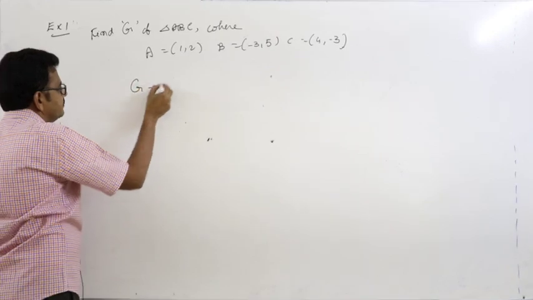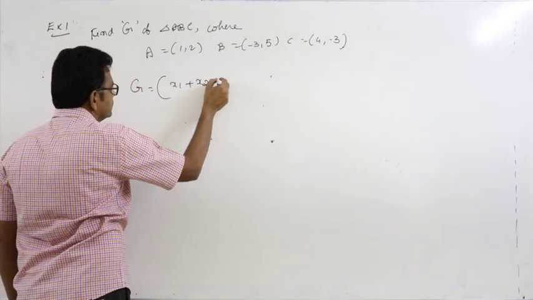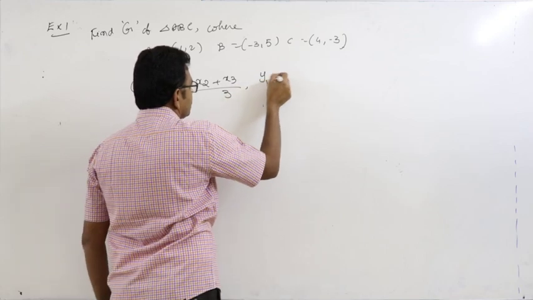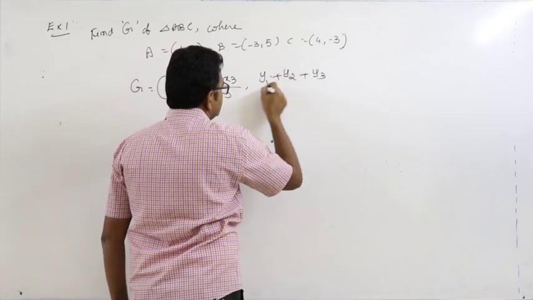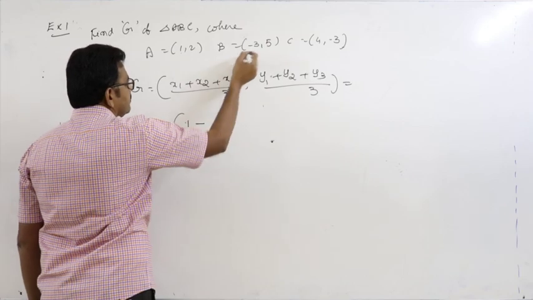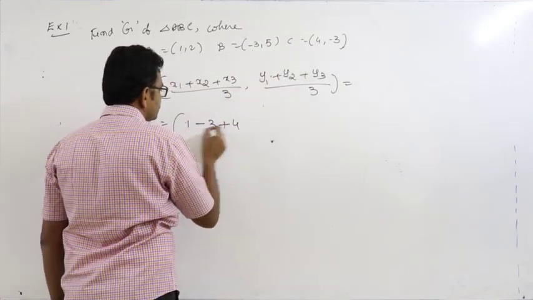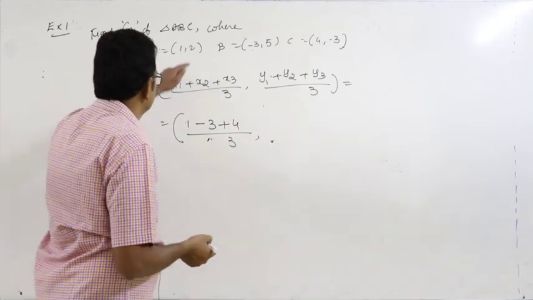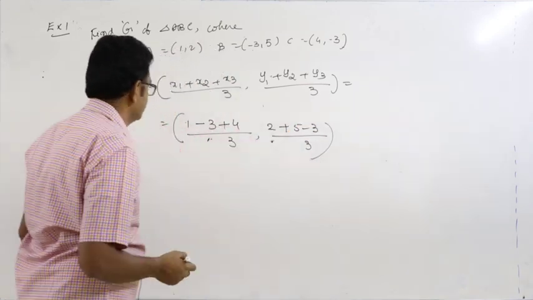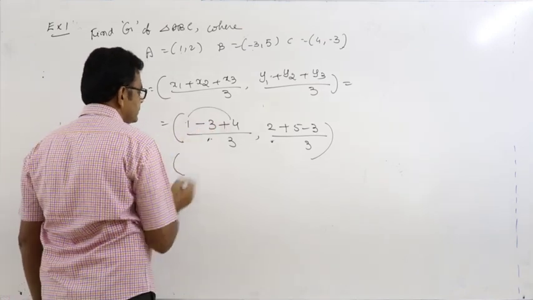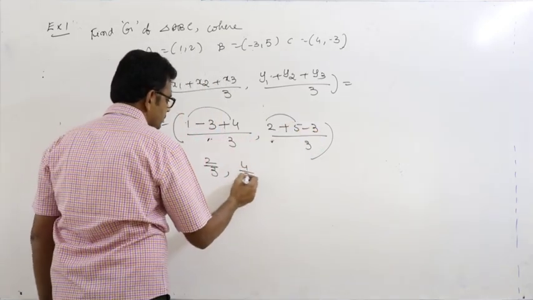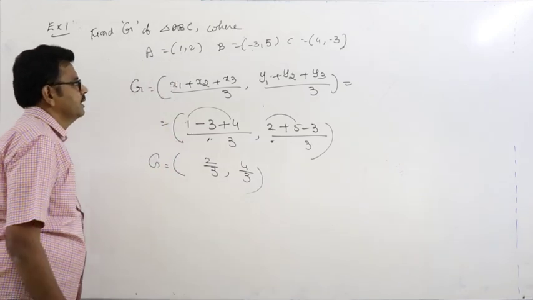Now the centroid formula is what? x1 plus x2 plus x3 by 3, y1 plus y2 plus y3 by 3 is equal to, so x: 1 minus 3 plus 4 by 3, y: 2 plus 5 minus 3 by 3, that is equal to 5 minus 3, 2 by 3 and this is 7 minus 3, 4 by 3. So this is centroid of triangle ABC.